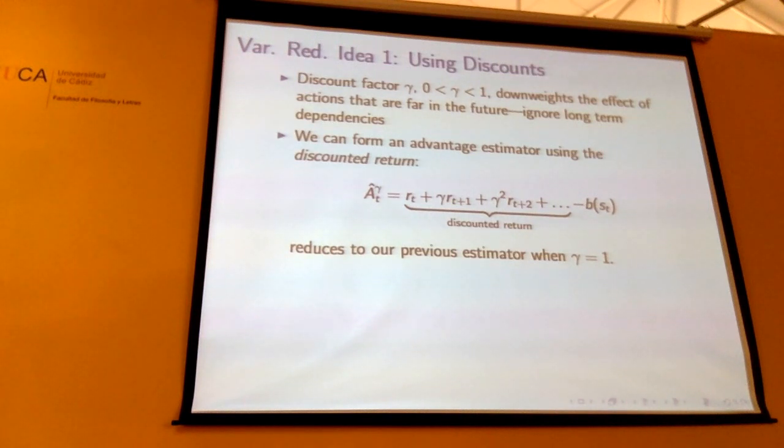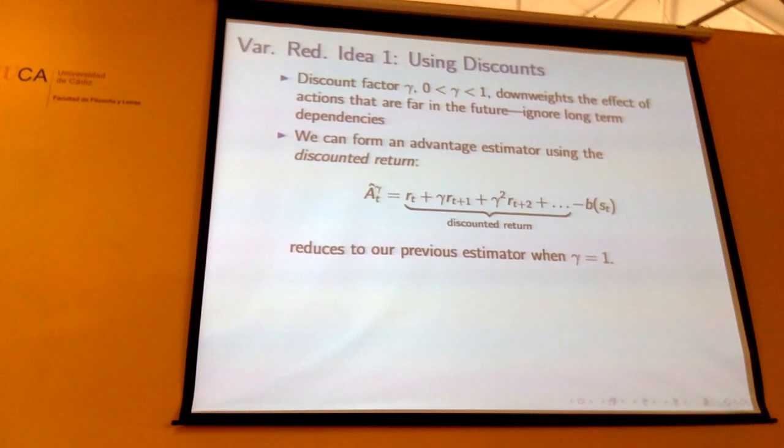We can form a different advantage estimator that uses a discounted version of the return instead of the normal return. For the reward 2 time steps in the future, we multiply by gamma squared. So basically the reward decays over time. If gamma equals 0.99, then after 100 time steps we're multiplying by about 1 over e, and so on.